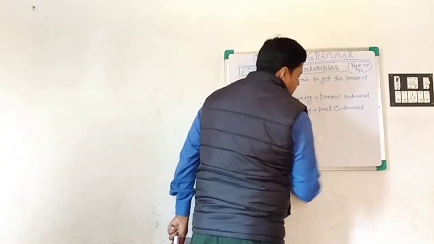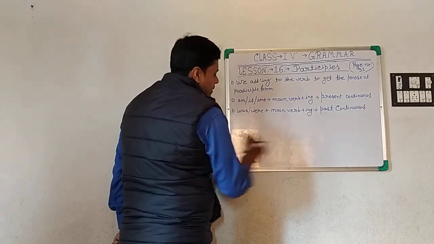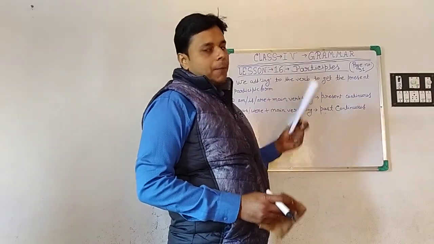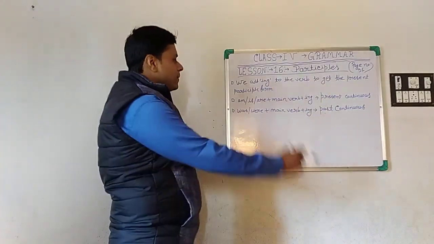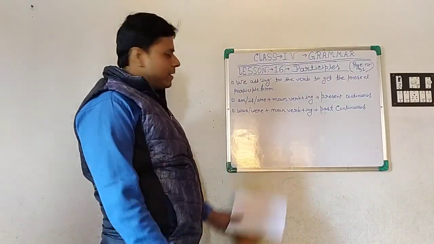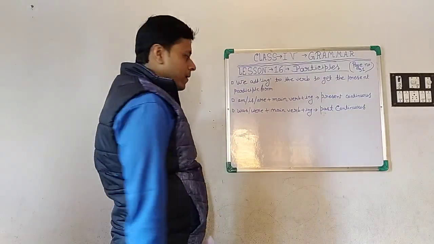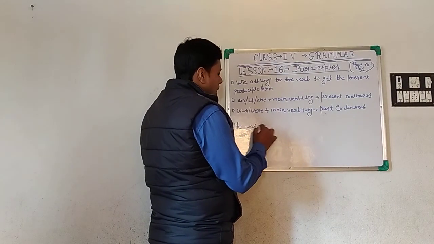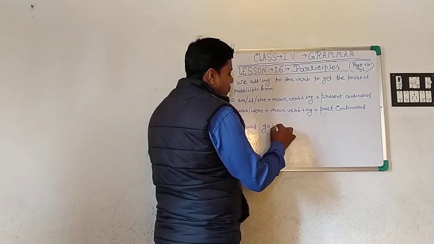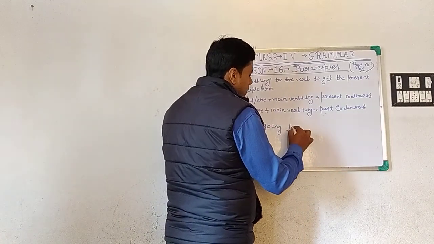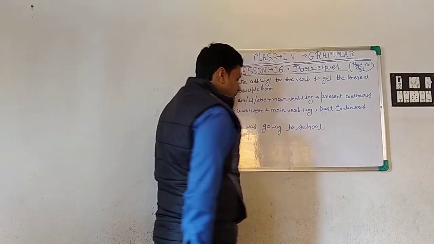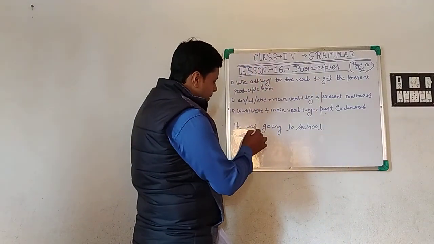Next, past continuous tense. The same example. If you understand present continuous, then you will understand past continuous too. We will use only the past form of the be verb. We know the past form of the be verb: was, were. For example, he was going to school. Same example, but look, it is somewhat different.